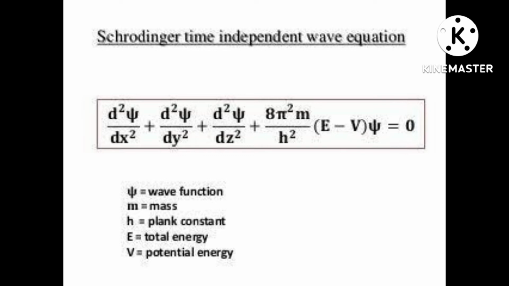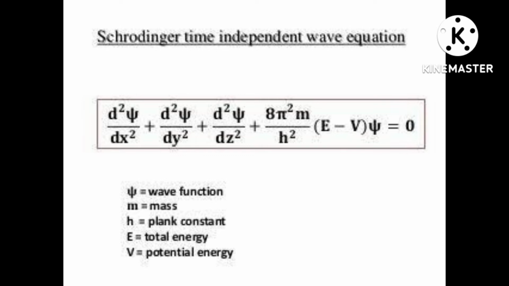What are the 3 quantum numbers? Principal quantum number, represented by a small n. Azimuthal quantum number, represented by a small l, and magnetic quantum number, a small m.